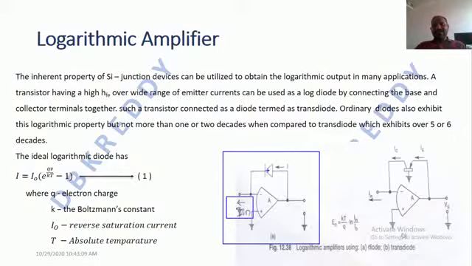This current is applied here, and the diode is connected in the feedback path. Let us suppose the diode is in forward bias. So obviously there is a current passing through the diode, which is indicated here. I am assuming the current passing through the diode as I, which is displayed on the screen.